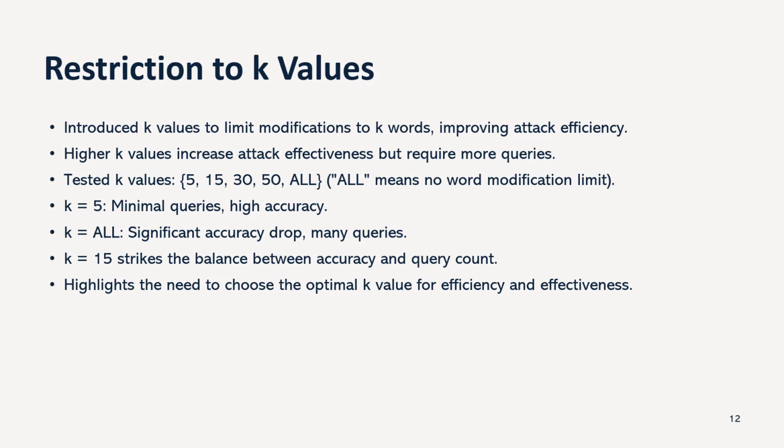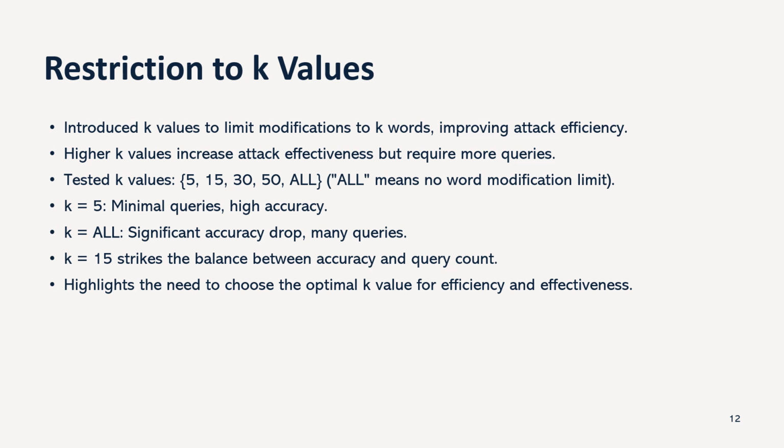Used to restrict the values of k. To improve the efficiency of our attack strategy, we introduce k values that limit the maximum modification to k words within the text. Increasing the k value can enhance the attack's effectiveness but also leads to a higher number of required queries.